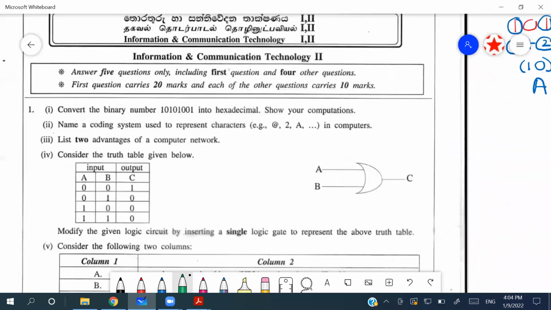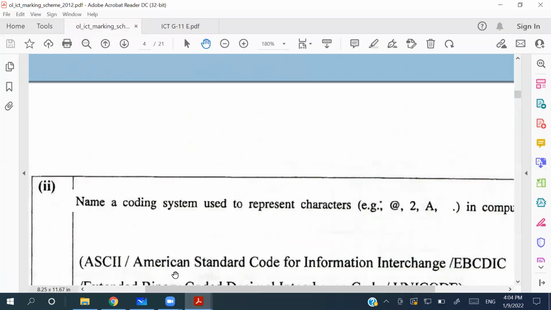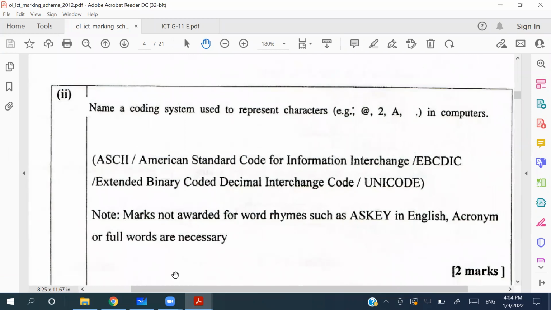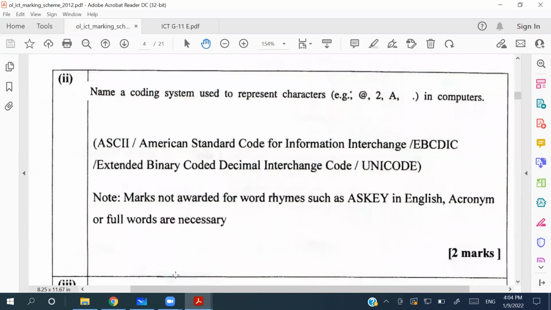And in the second question, what they're asking is: name a coding system used to represent characters A to Z in computers. A coding system, right? So I'll go with the marking scheme. You can take any of these: Unicode, ASCII, EBCDIC, but not the BCD.